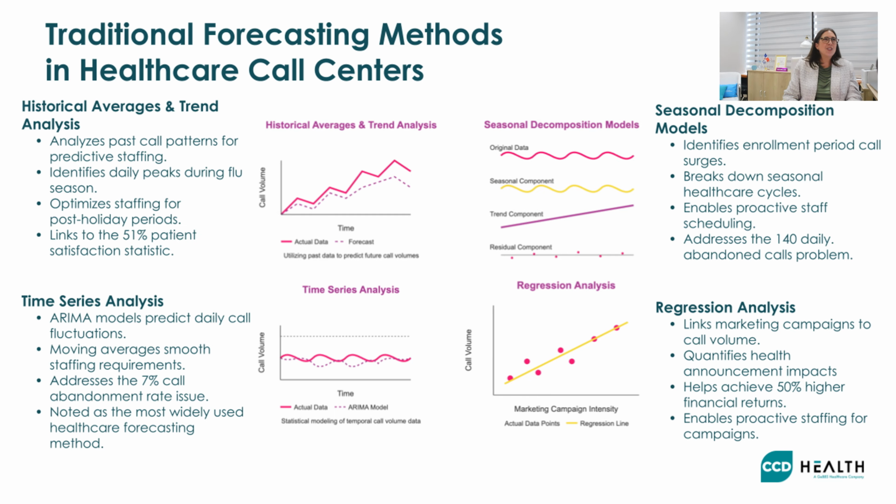The traditional forecasting method is used highly in healthcare centers, and it's actually adopted from traditional customer care and/or BPO models. When we look at historical averages and the trend analysis, this uses past volume data to predict future demand based on week over week, year over year, or even month over month variability.